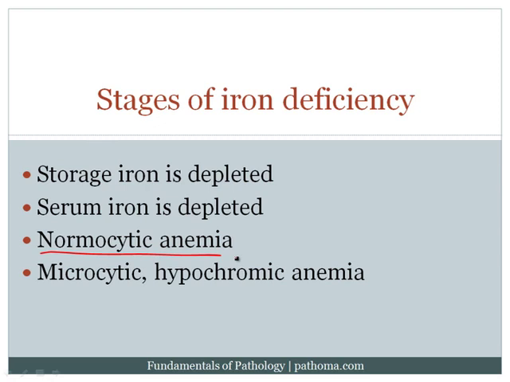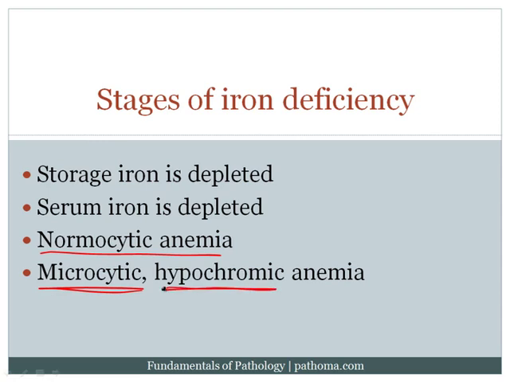Now, eventually what will happen is the iron deficiency will become so severe that the patient will then develop the inability to produce normal red blood cells. And so now the bone marrow will be forced to pump out cells that are smaller than normal and that have less hemoglobin than normal, and smaller than normal because they will have undergone an extra division. And so these would be microcytic, i.e. smaller than normal, and hypochromic.